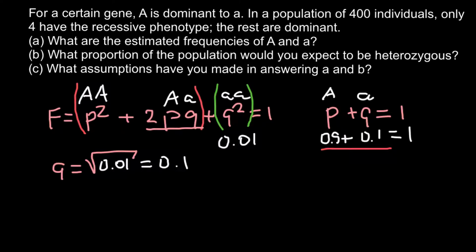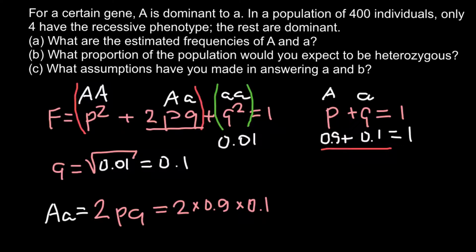So the heterozygous genotype, capital A small a, would equal 2pq, and we know that p is 0.9, so we have to multiply by 0.9, and we have to multiply by q, which is 0.1, and this gives us the frequency of this genotype as 0.18. So this is the answer for the second question.